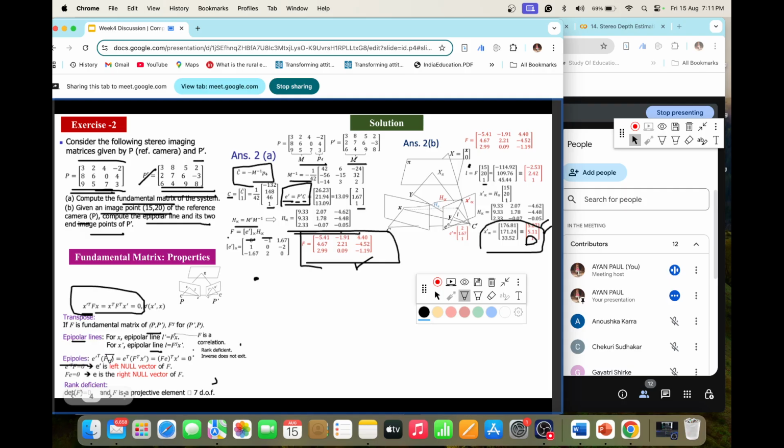Now we have the fourth, another important property. It states that F into e is equal to 0.